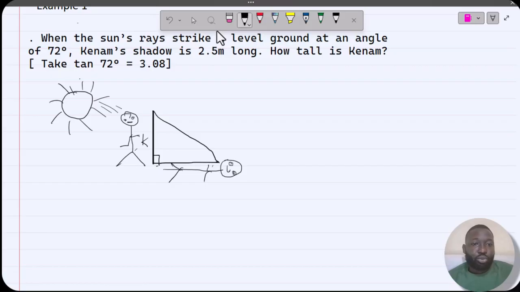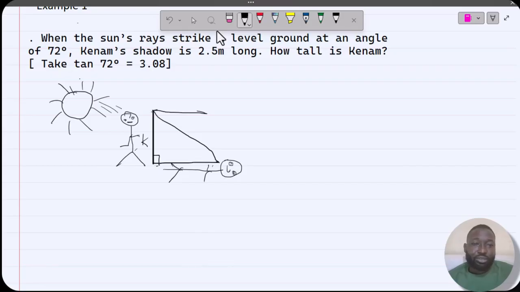Now, whenever you are dealing with angle of depression, you always need your horizontal line. Your horizontal line should be somewhere here. That's your horizontal line.